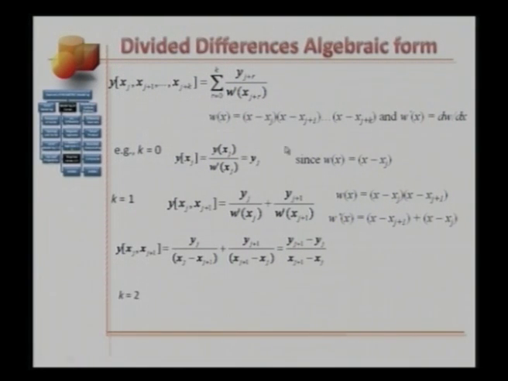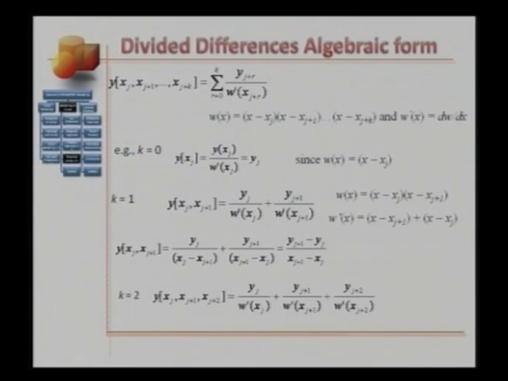And this expression is very familiar to you by now. For k equals 2, how many terms will you have here? 3. So y of xj, xj plus 1, xj plus 2 within square parenthesis is denoting the second divided difference. This would be equal to yj over w prime at xj plus yj plus 1 over w prime at xj plus 1 plus yj plus 2 over w prime at xj plus 2.